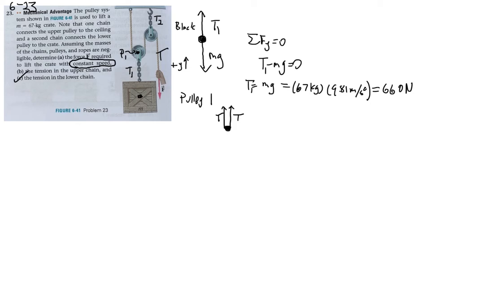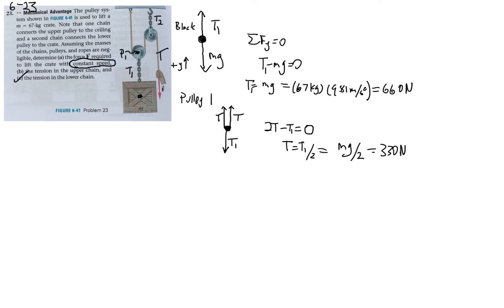Remember, in pulleys, the tension force acts on both sides of the pulley, so that's how we get two tensions there. The downward tension is T1 in the chain. So 2T minus T1 equals 0, and therefore T equals T1 over 2. Using the previous result, that's mg over 2, which is 330 newtons.